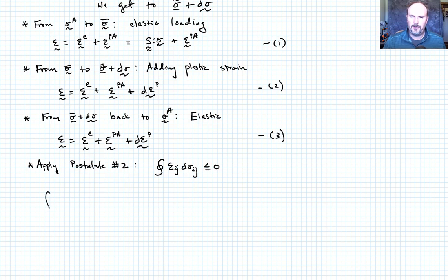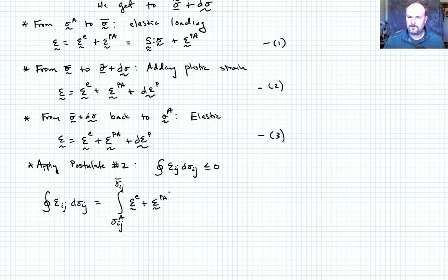So here we go. There's the integral now of epsilon ij times d sigma ij. We're going to have the first step, which goes from sigma ij A up to sigma ij bar. And we already said that that looked like epsilon elastic plus epsilon plastic.